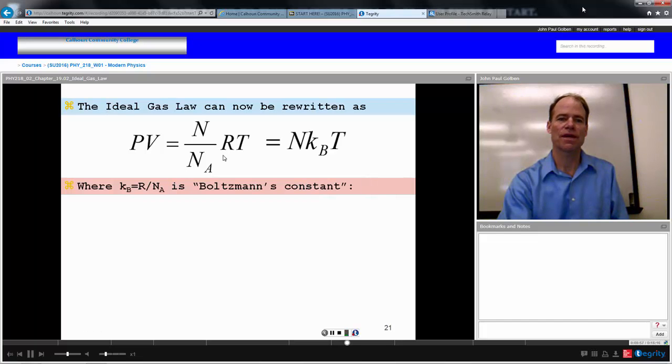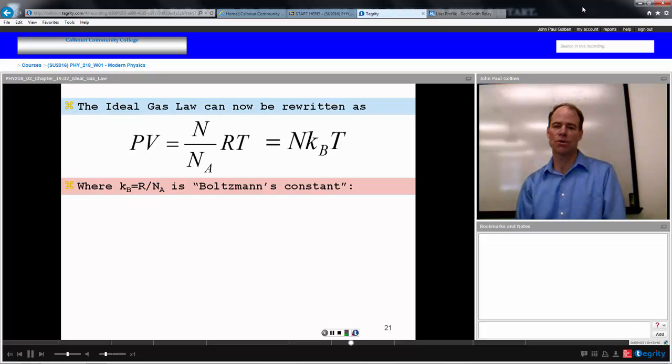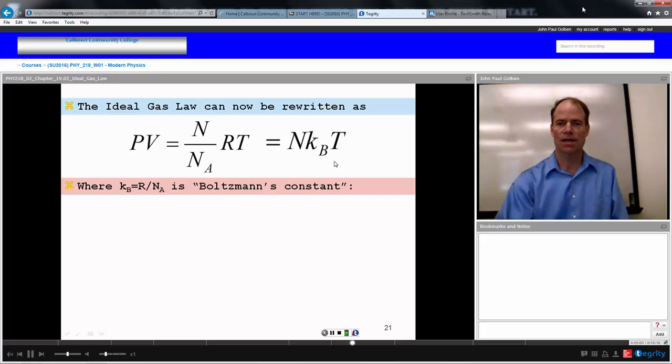And then if we make a substitution, the gas constant R divided by Avogadro's number is actually another constant called Boltzmann's constant. And Boltzmann's constant is K sub B. So PV is equal to the number of particles, molecules, times Boltzmann's constant, K sub B, times the temperature.